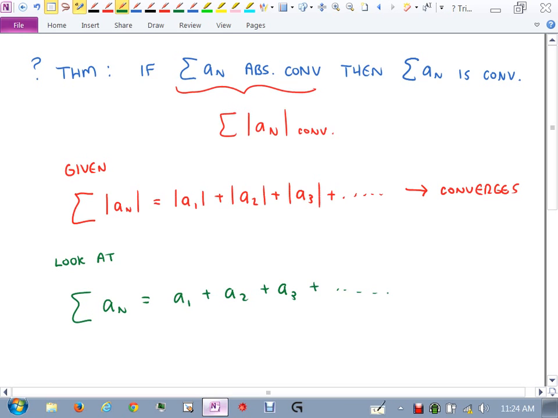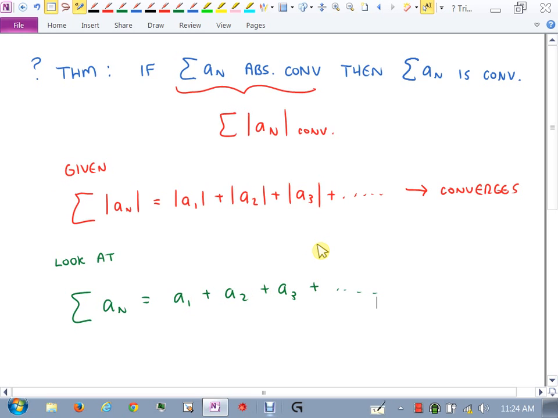So if this term right here is positive, then these are the same things. But what if a3 is negative and that one's positive? If that one's negative, does that do anything? What is it going to do?